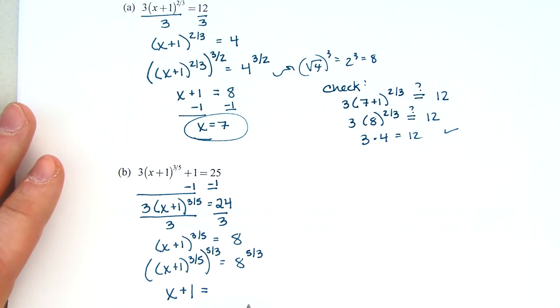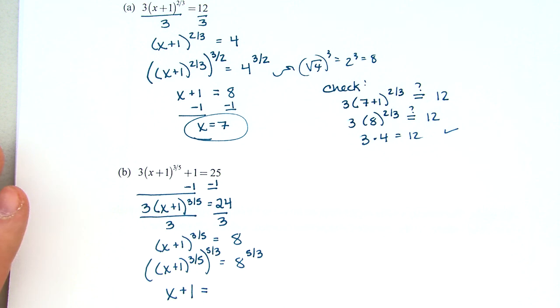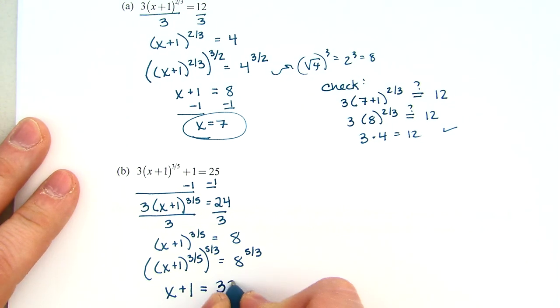Did you have to do 8 to the 5/3 in your work? What is it? 2 first and then 2 to the fifth is 32. Perfect. Cube root of 8 is 2. To the 5th is 32, just like Rowan said.